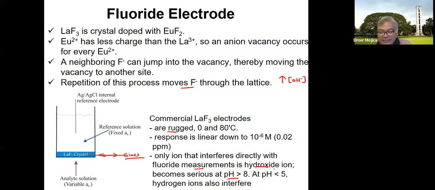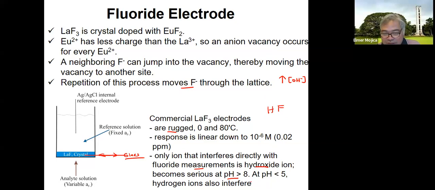At pH less than 5, hydrogen ions can also interfere. Under these conditions, undissociated HF forms, and the electrode does not respond to the species.